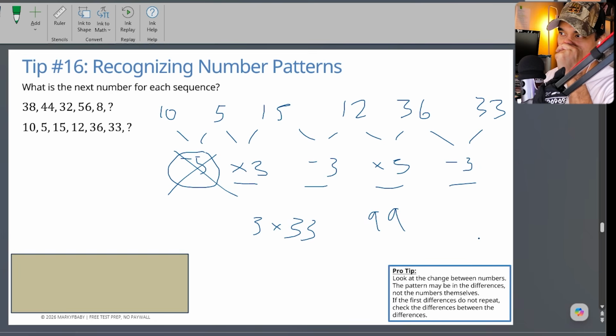So these problems were fairly easy. What I would do is just find the difference, find what's going on between the numbers. So like what's happening with times 3, -3, there could be something, but in this case, not.